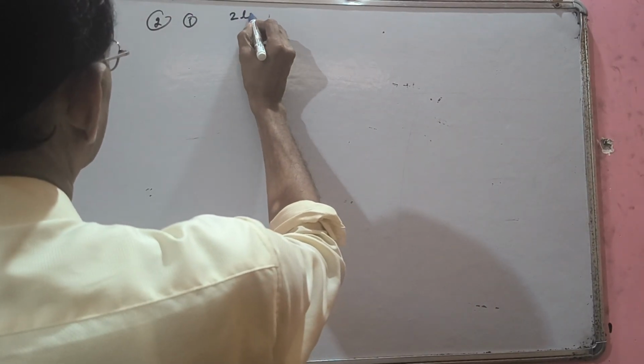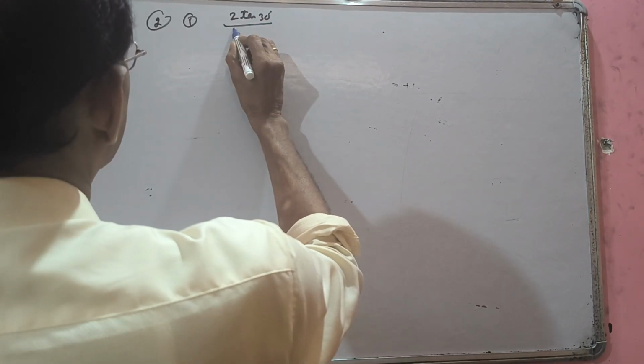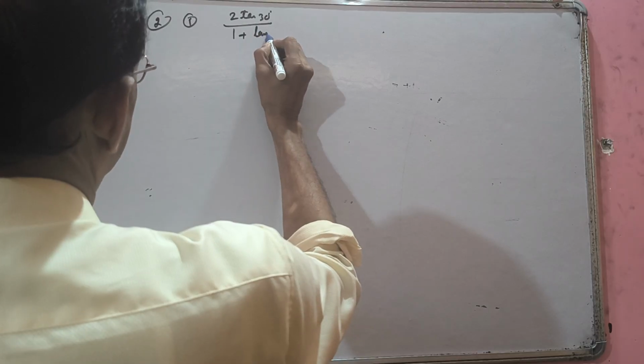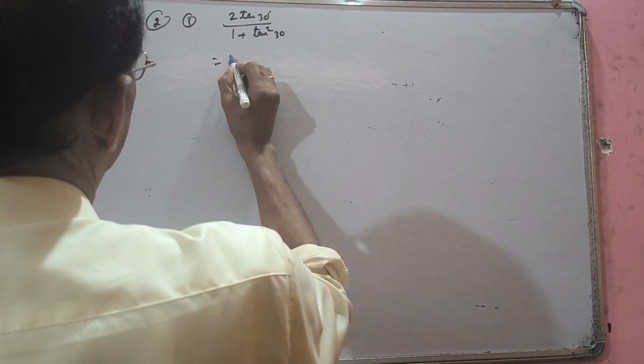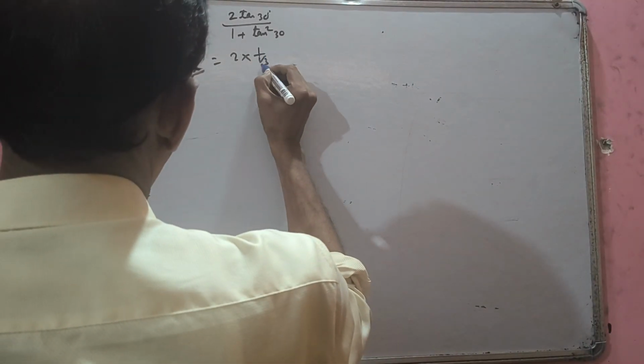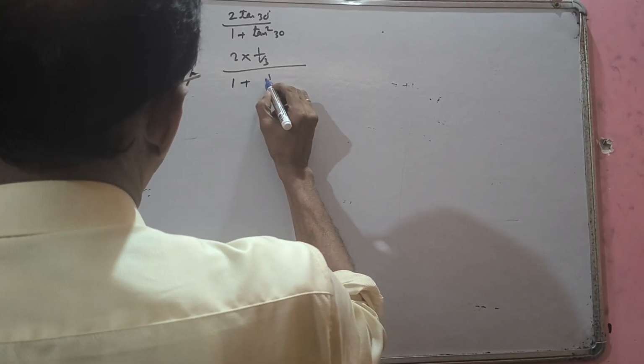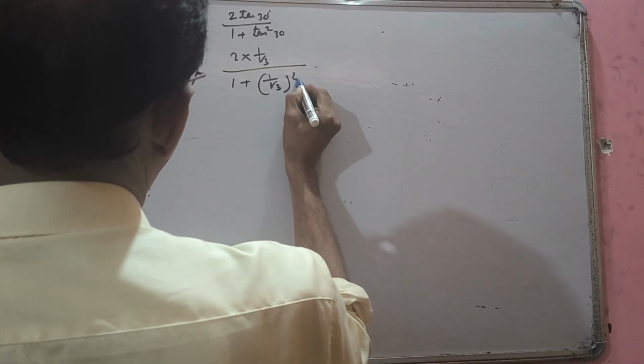The value of 2 tan 30° by 1 plus tan² 30°. So 2 into tan 30°, which is 1 by root 3, by 1 plus (1 by root 3) whole square.